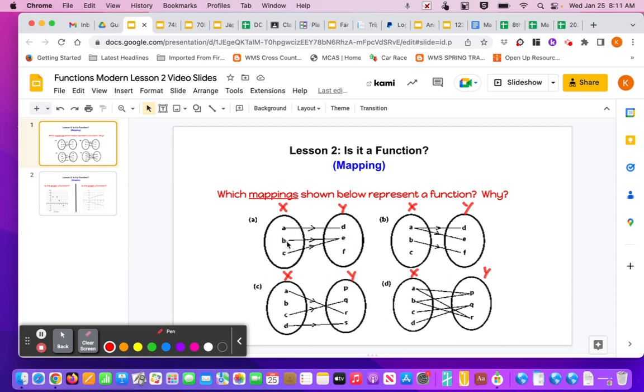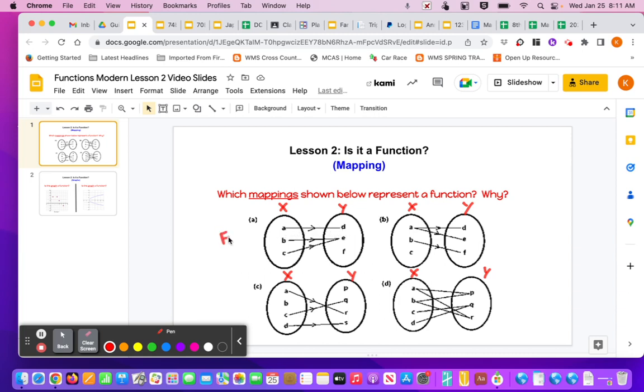If we look at B, B only maps to one output, which is E. That's a good thing. And finally, the input of C maps to only one output, which is E. Even though B and C have the same output, that's okay. This is still a function. The most important thing to look for is to be sure that each input only goes to one output.